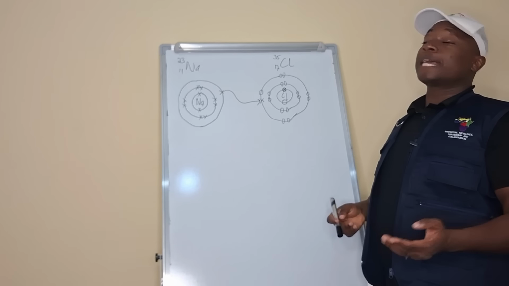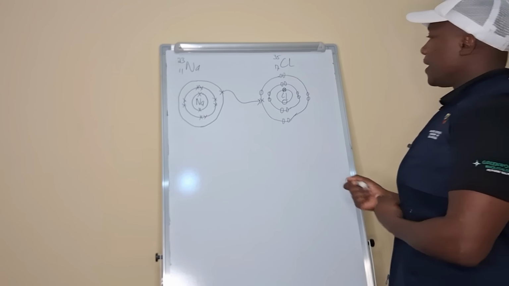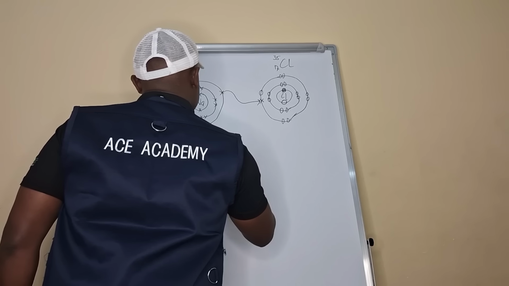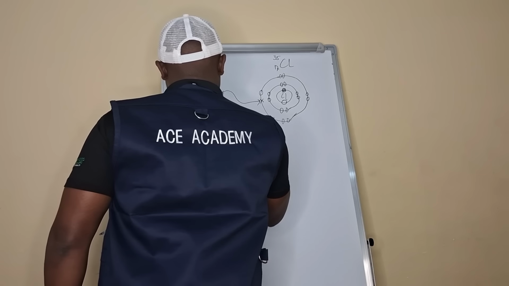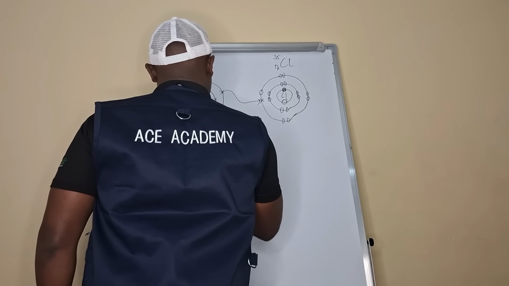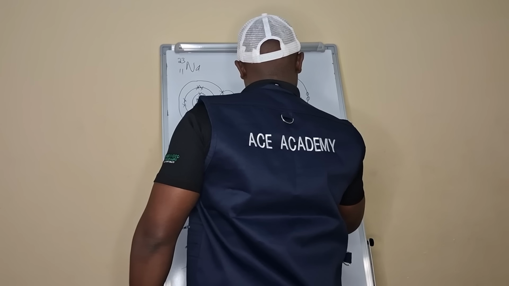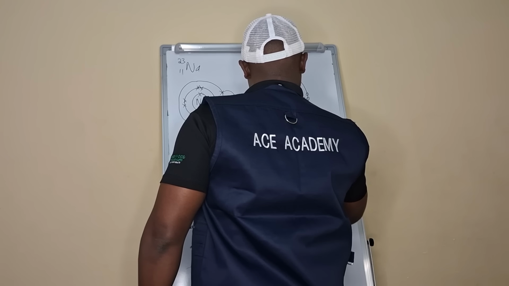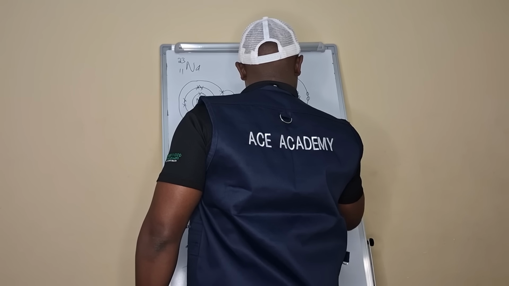It has attained the octet state, and it has now attained stability. So therefore, we are going to have a sodium, okay, and a chlorine atom here. Right. So chlorine.